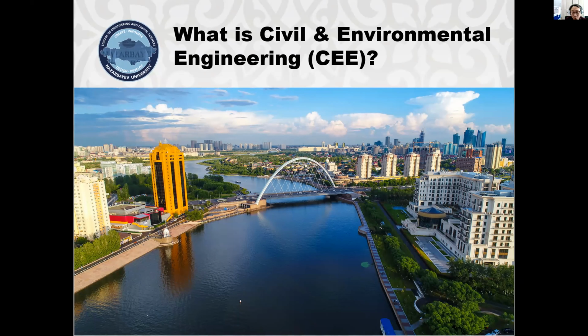All right, you can see some beautiful bridges, also buildings, a river, and high-rise buildings. You can also see some road, and you can see cars, and also a bank, right? So everything is there. Basically, this picture indicates that civil engineers have a responsibility for all the components.